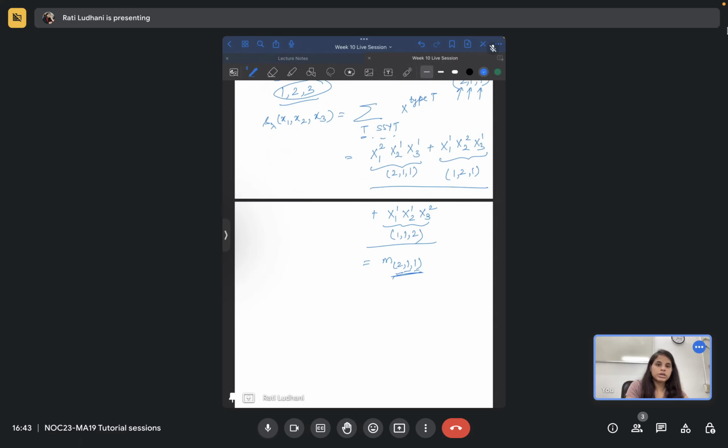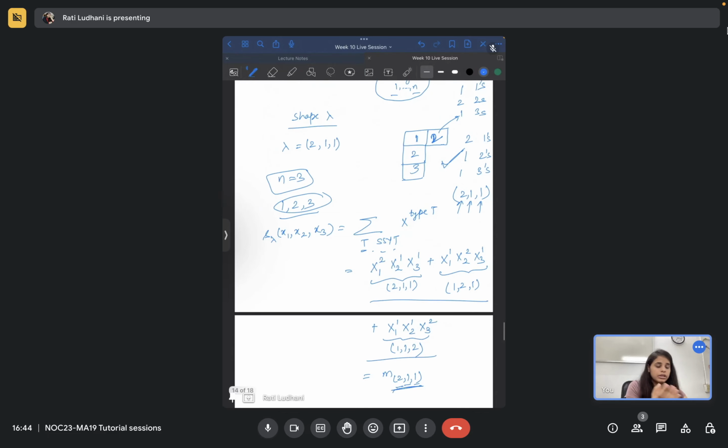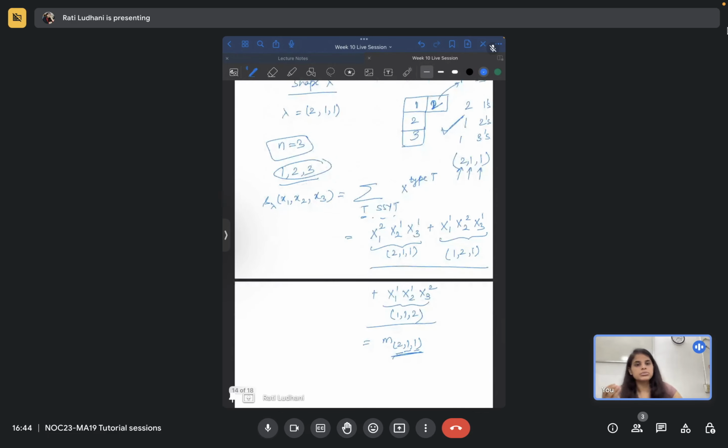So when you try to calculate with this Kostka number, you just consider mu to be 211, and if you consider any other thing, you will not have anything, because this 1 2 3 is required.